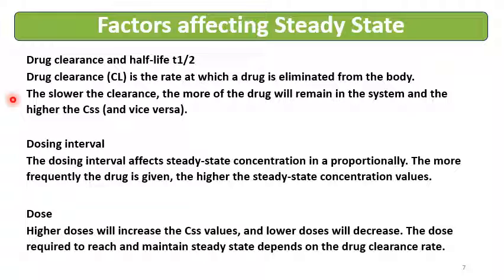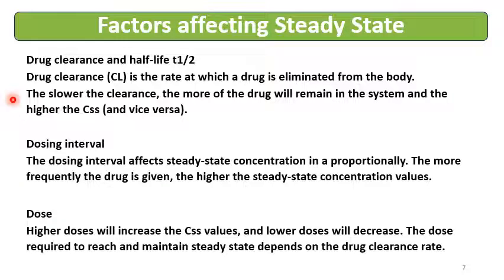If the clearance is slow, more drug will accumulate in the body, and the CSS, that means concentration at steady state, will be higher. If the drug is eliminated from the body at a faster rate, or clearance is faster, then the CSS will be lower. Then dosing interval.